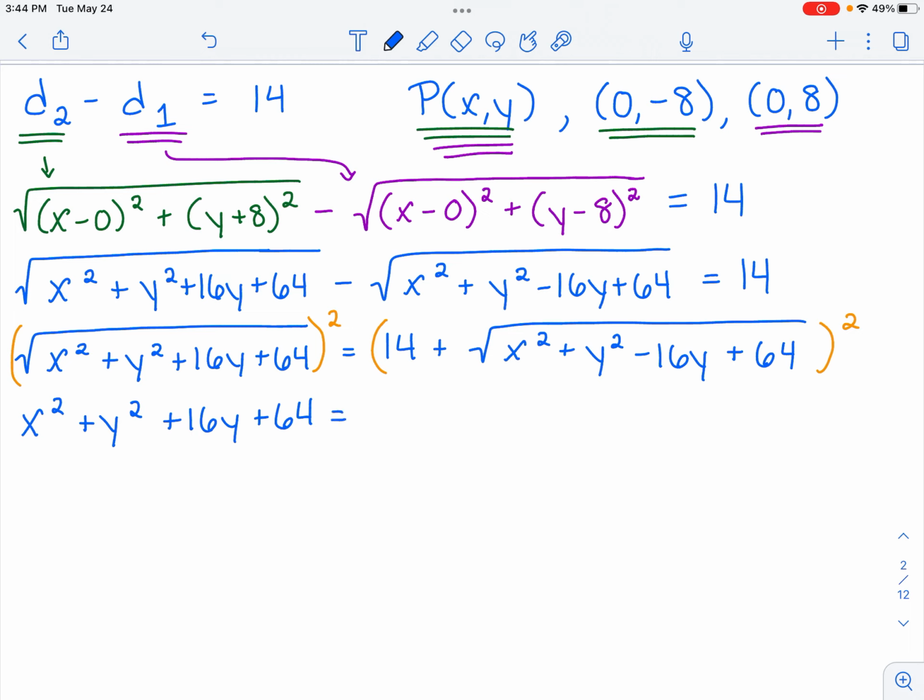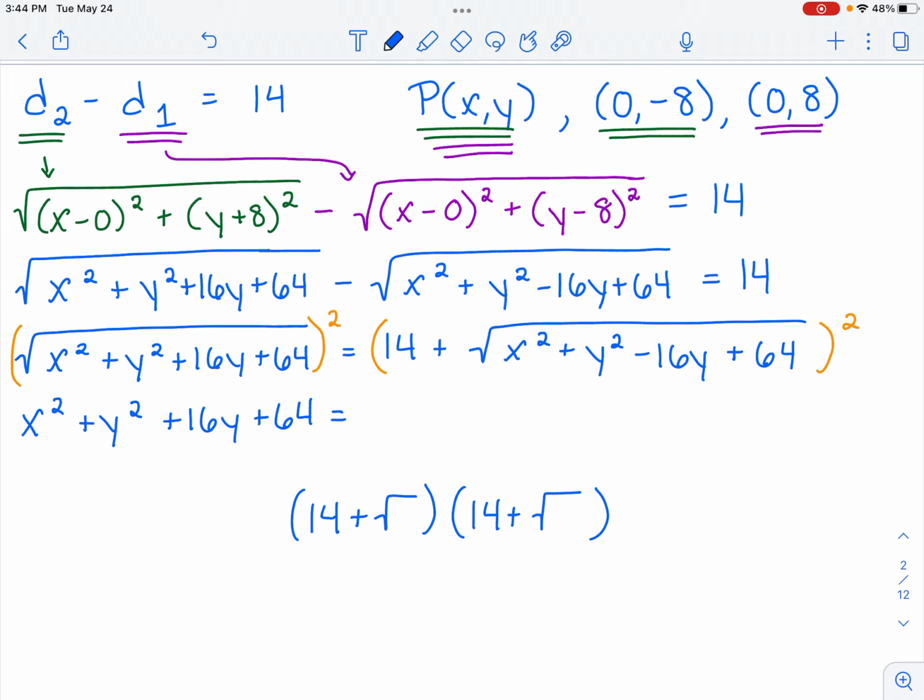All right, a square root squared just gives me the radicand on the left-hand side. Now the right-hand side, technically it's a binomial squared, so I'm FOILing this out. This is where I'm going to say a lot of things, but not write every step down. The short version of this is I'm doing 14 plus a square root times 14 plus a square root. All right, I'm going to leave that there as a frame of reference, but it isn't going to stay there permanently.